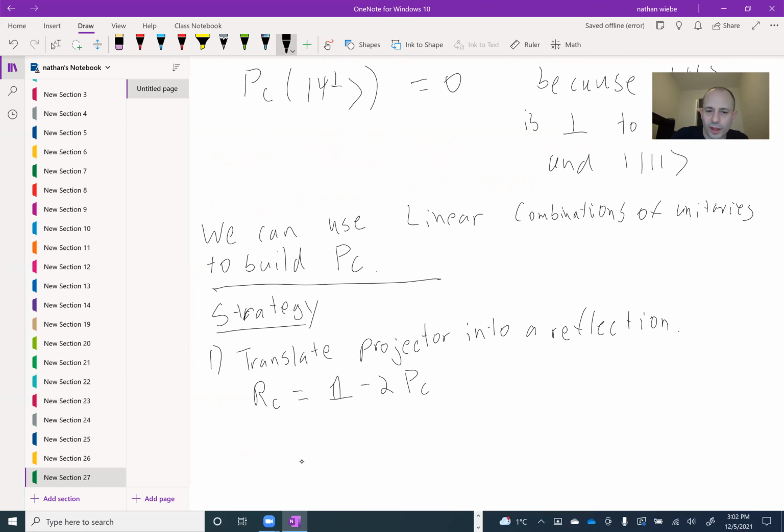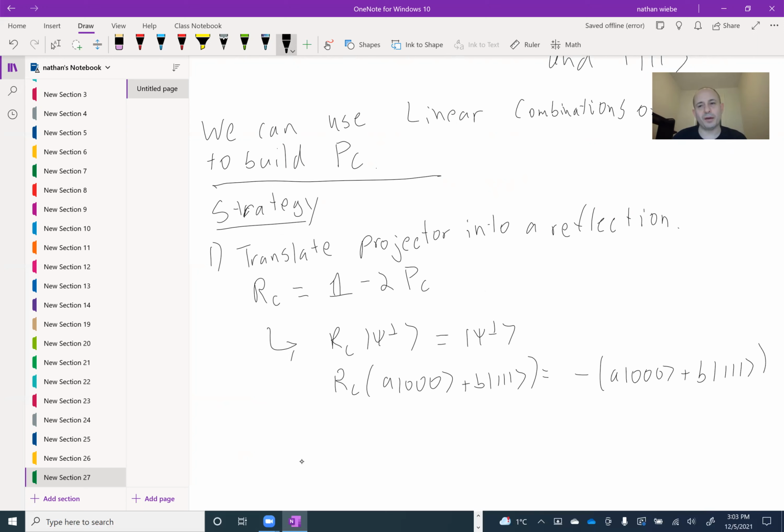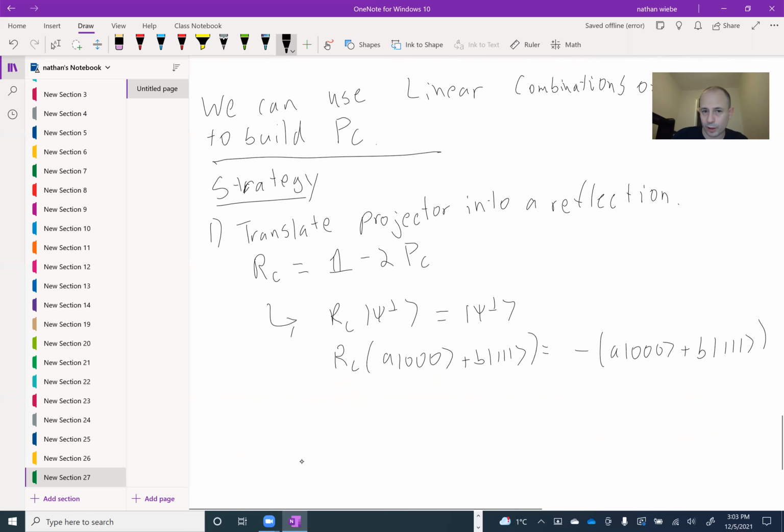And RC will have the property that RC acting on psi-perp equals psi-perp, but RC acting on something inside the code space, such as a|000> plus b|111>, will be equal to minus a|000> plus b|111>. You could just go through the definition of the projector in order to verify that this reflection actually has that property. So that's the first thing that we need to do. We need to write it as a reflection operator.